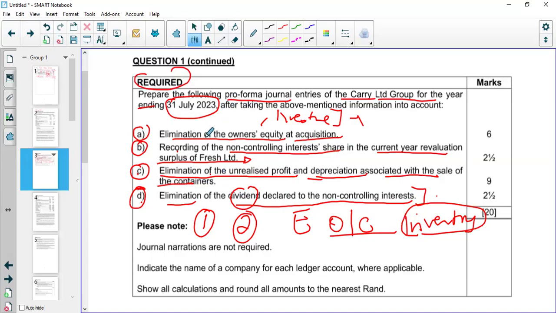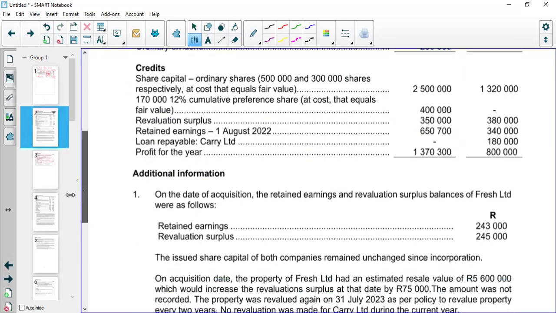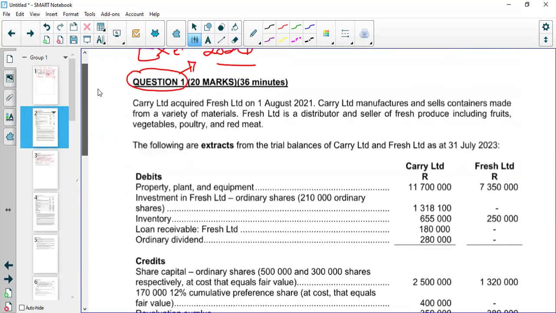So let's go to the elimination of the owner's equity at acquisition. So this is always an at acquisition journal entry. So we just look at the amounts we had at acquisition. Right. So the information we have is that we have Kerry Limited, which acquired another entity.